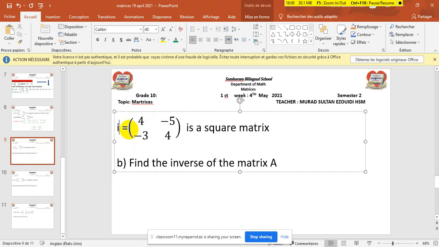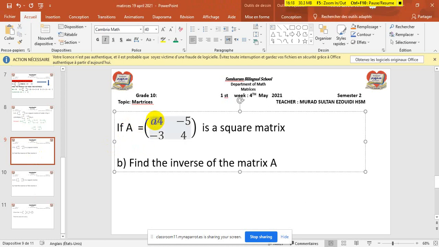If, for example, A is a matrix, here the first value is A, this is B. Please, while your teacher is writing, try to write your lecture also. This is C and this is D. This, my daughters, is a square matrix of order 2 by 2.